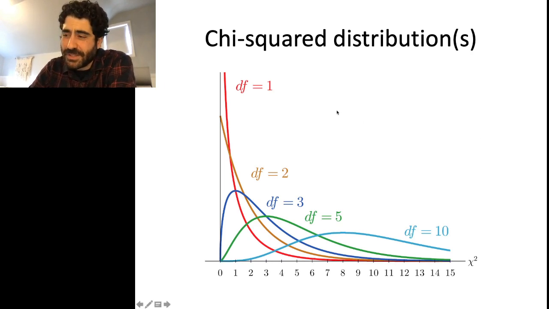Once you get past the smallest numbers, it turns into this smushed-out looking thing. It's not symmetrical. It's positively skewed to the right, and it's never negative. So how do we know which of these distributions to use?